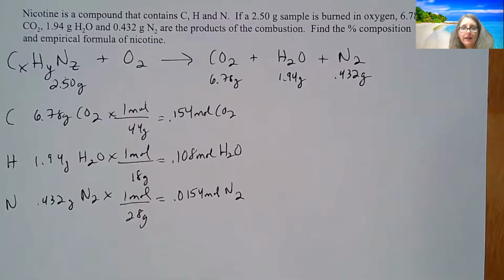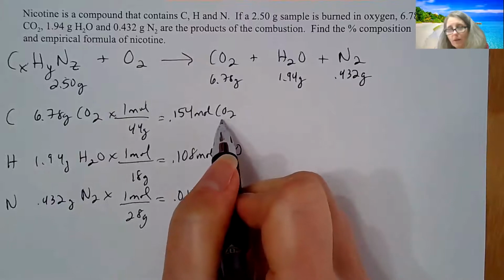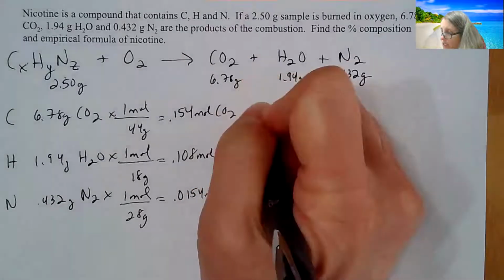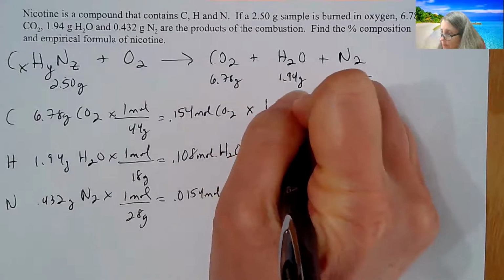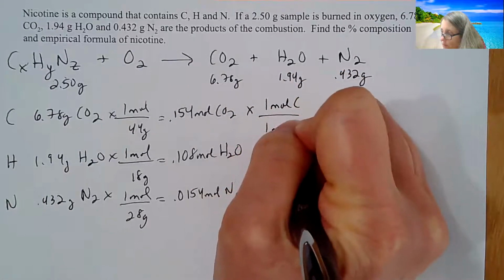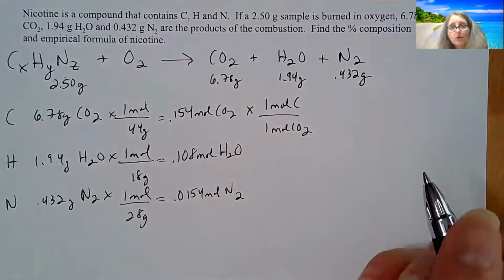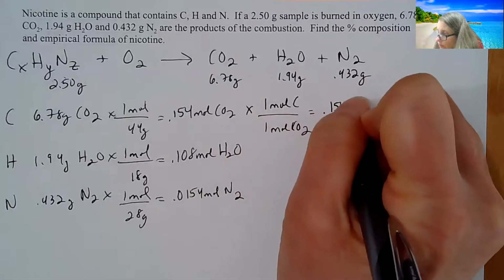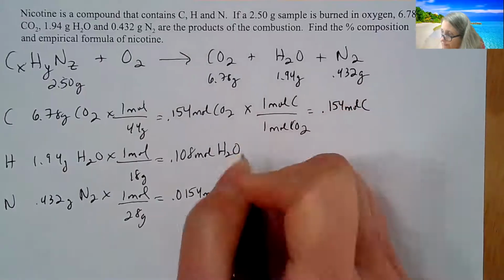So I have to do an additional step that I haven't done before in these types of problems, because I have to get it to carbon and hydrogen and nitrogen. So I have to look at the formula and ask, how many carbons do I have in there versus the carbon dioxide? I could set up a relationship. I have 1 mole of carbon for every 1 mole of CO2 because I have 1 carbon in that formula. So I have 0.154 moles of carbon.